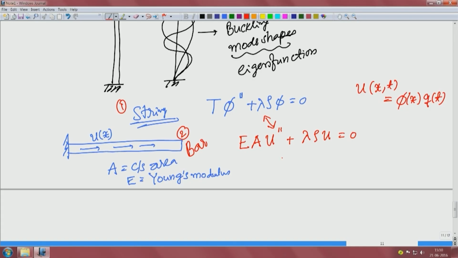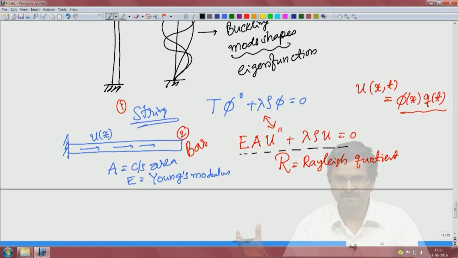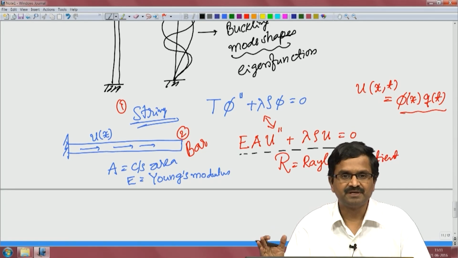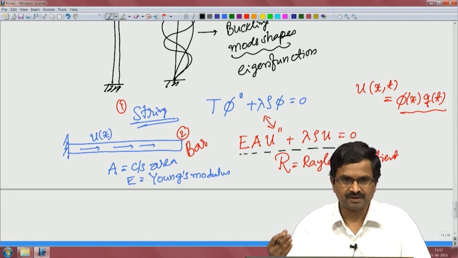Rayleigh quotient in this case, which we denote by R, following the same thing in the separation of variables and substituting into the equation and so forth. How do you get the equation to begin with? Just use Hamilton's principle. You write strain energy for the bar, you know kinetic energy of the bar, how to write it, you follow Hamilton's principle, Lagrange equations, you get that, and everything is the same. You can do it for the beam, you can do it for the column as well.